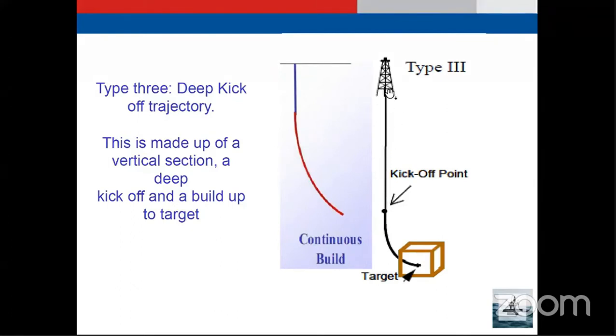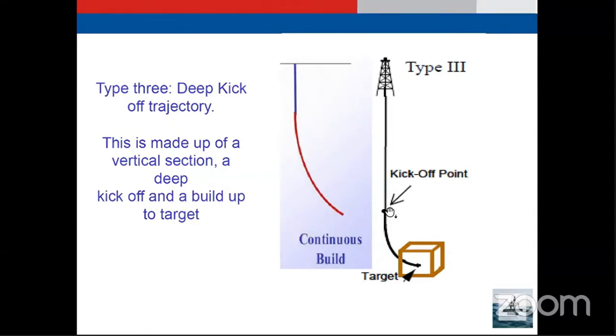From this name, we call it deep kick off point because in some formations I cannot make the kick off point directly from the shallow depths due to some obstructions we will discuss in more detail on the second day. These obstructions make the kick-off point at deep depth.